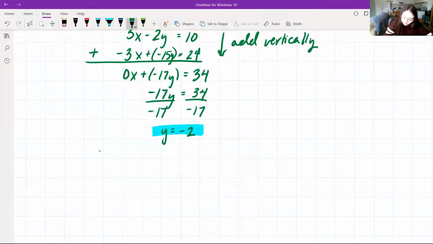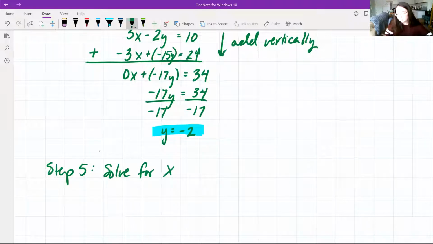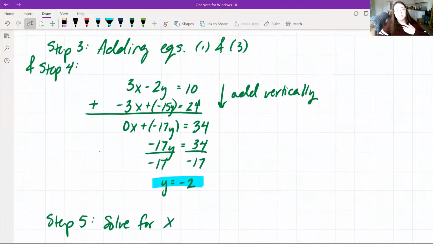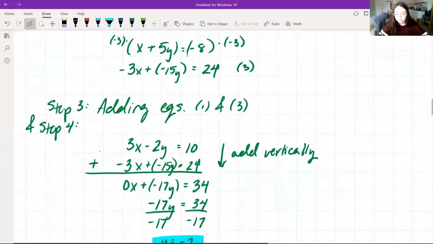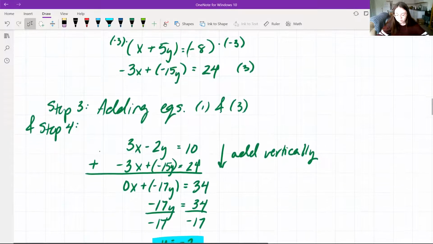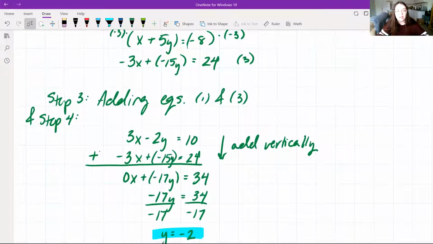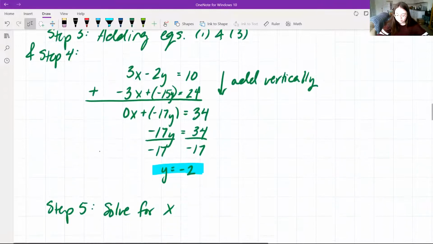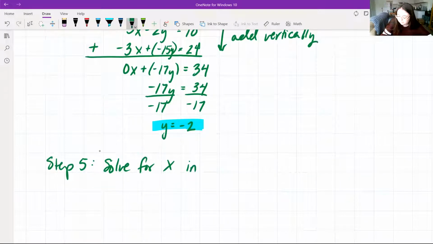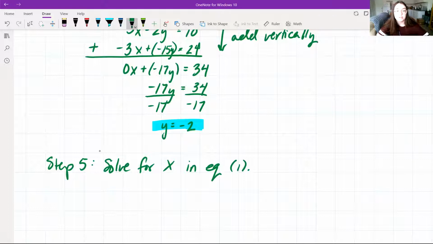So now with step 5, we want to solve for x. And if we want to solve for x, we can choose whichever equation we would like. So let's go ahead and solve for x in, let's say, equation 1, as this is one of our original equations.